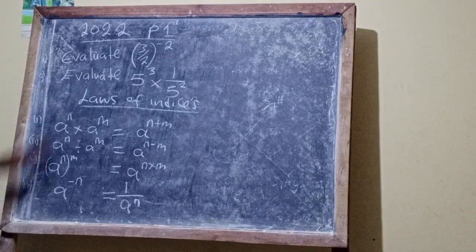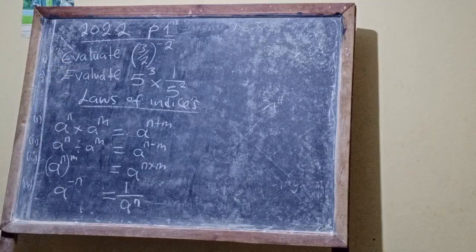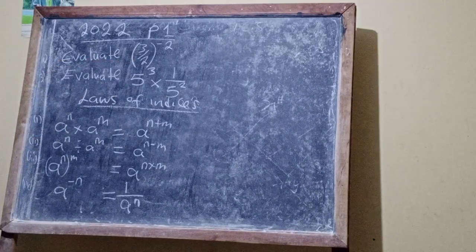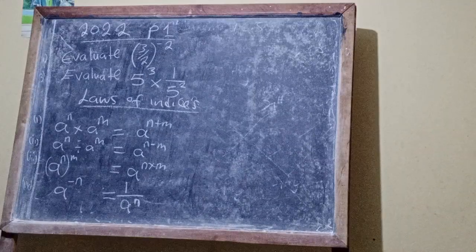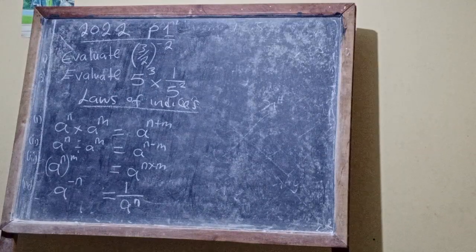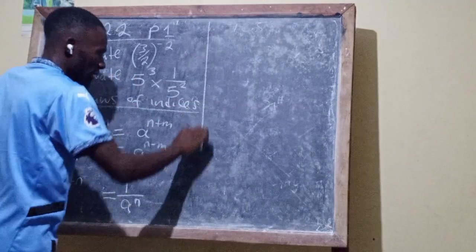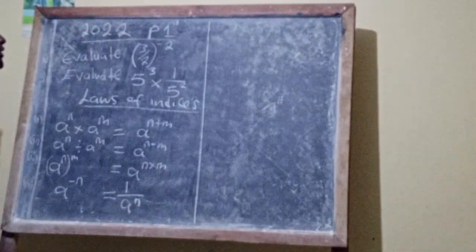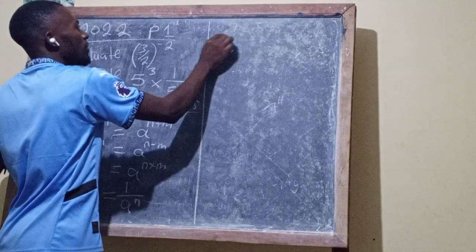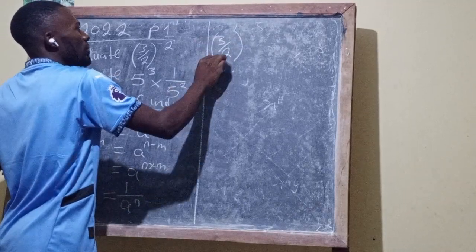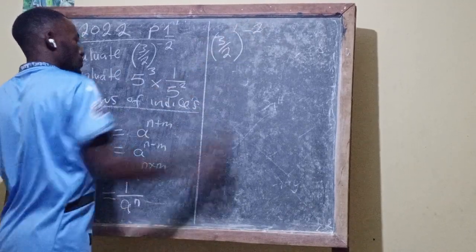Okay. So let's look at these two questions that came. The first one, they are saying evaluate 3 over 2 in brackets to the power negative 2. Okay. So let me use this other side of the board. So we have 3 over 2 in brackets, negative 2.